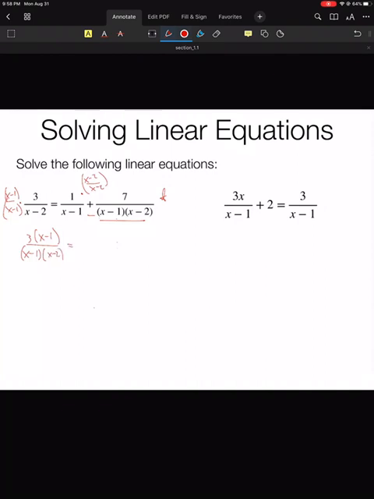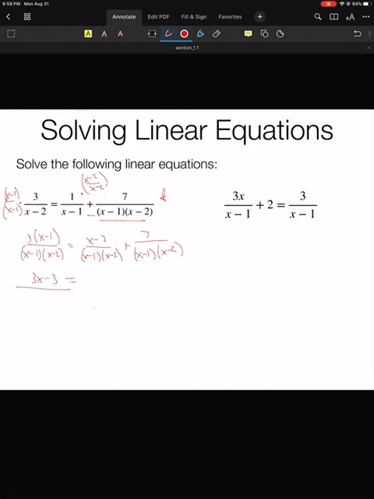And so when I put everything together, I get a common denominator. I'll just write that out here. Now that I have a common denominator on the right side, I can combine like terms, and on the left side, I can distribute through the top.